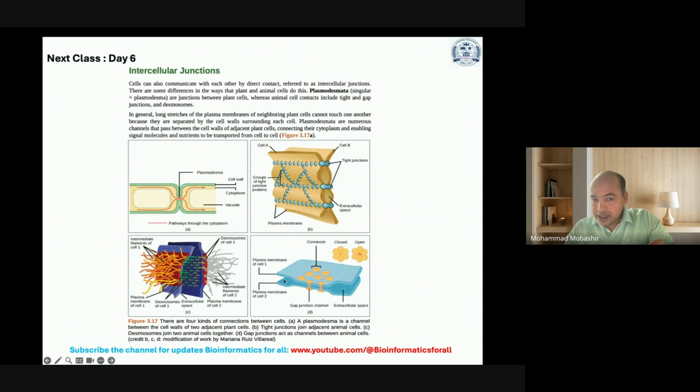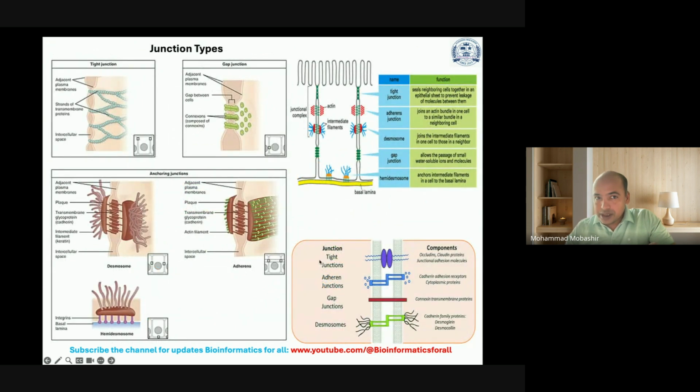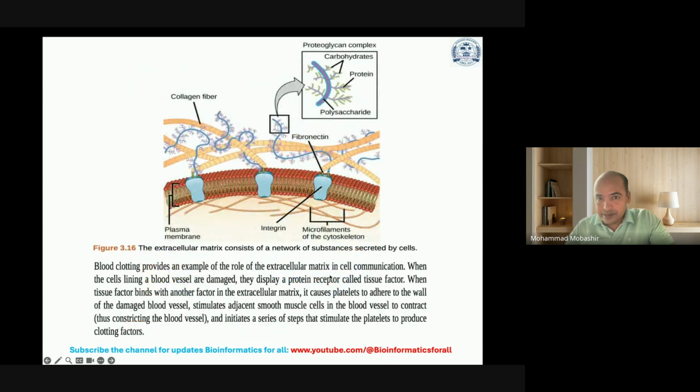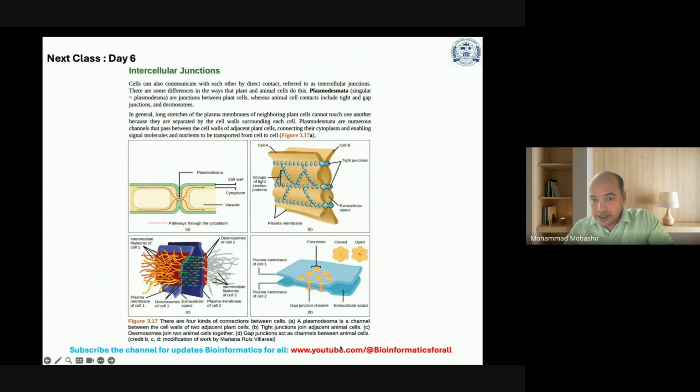Here it is cell membrane 1 and 2 for both the cells. Then you can see one is called closed, another is called open, and that is connection. This is basically the channel between animal cells, and the gap junction channel is formed here. Then extracellular space is formed here.